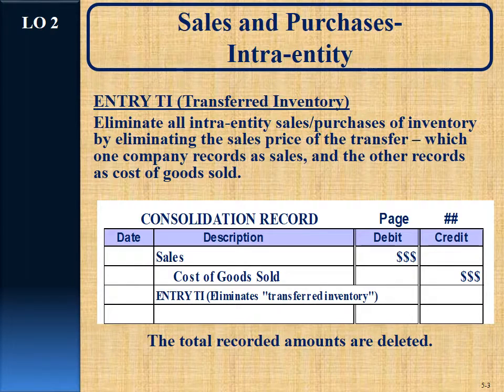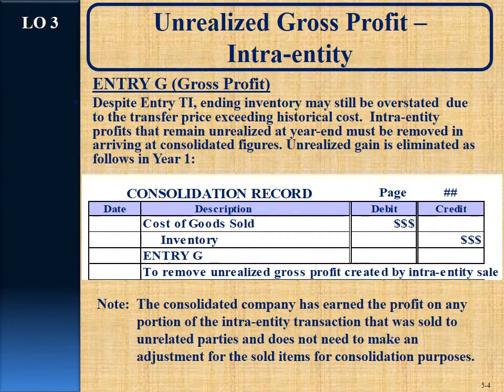And so these transactions, it doesn't matter if the parent sold to the subsidiary or if the subsidiary sold to the parent. Now, that's assuming, number one, that the parent sold at the original cost to the subsidiary, and also that all of it was sold by the end of the year. So we kept it simple.